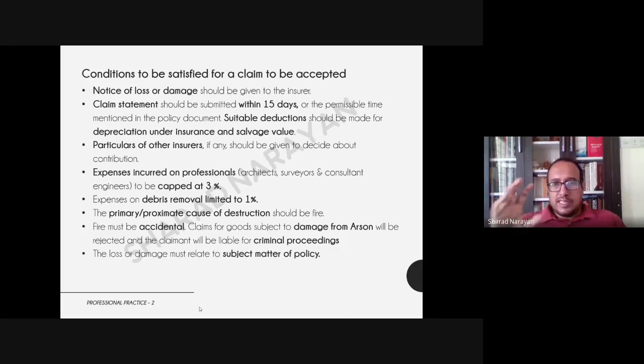To give you an example, if you have a house and you say that you have covered the entire house in a fire insurance policy, but you may not have covered a few books or some of the other electronic goods inside the house, then what happens is that while your house will be reimbursed, your books will not, your electronic gadgets will not, and so on.